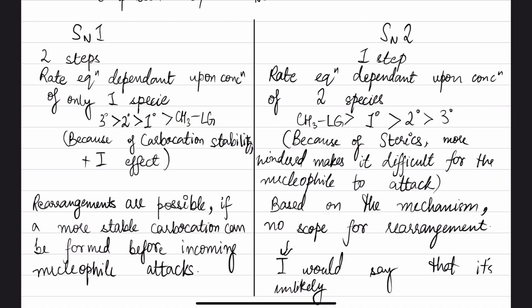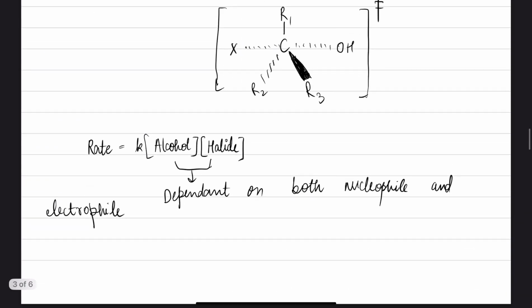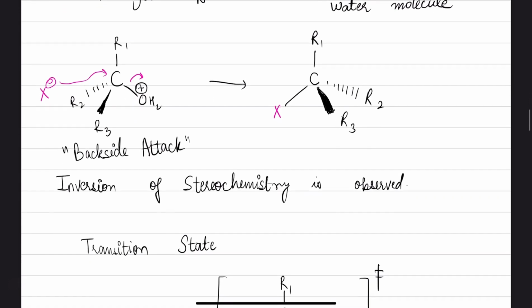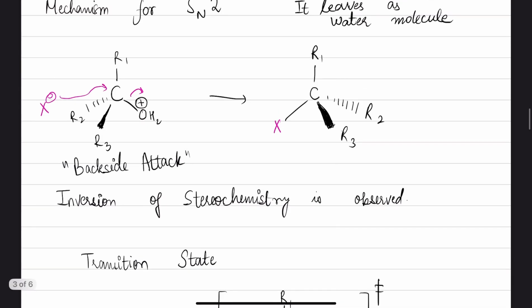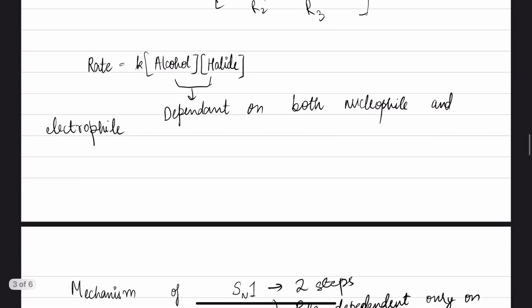And in SN2, 3 degree is the slowest, and 1 degree or just methyl attached to a leaving group is the fastest, and that's because in SN2 reactions sterics are involved, because for the backside attack, if these R1, R2 and R3 are bulky groups, then the nucleophile won't be able to attack the central carbon atom, and the reaction would not be able to take place effectively.